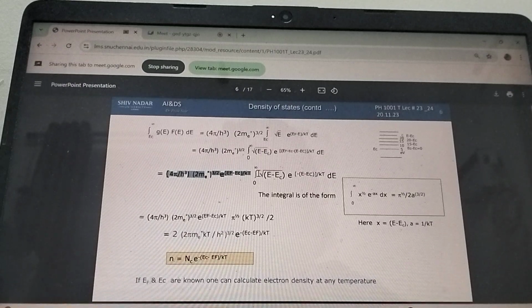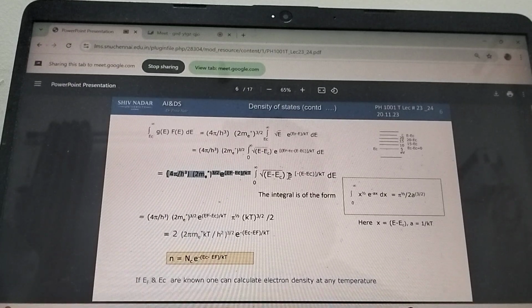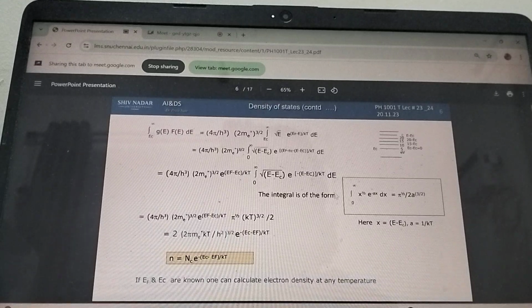Integration from 0 to infinity, root over something, e to the power the same thing divided by KT. If you look at the standard form which was given to us, that was again integral from 0 to infinity, root over something, e to the power minus a times the same thing, dx. So by comparing, we can see that x is E minus EC and a is 1 upon KT. So this matches the format of this integral.